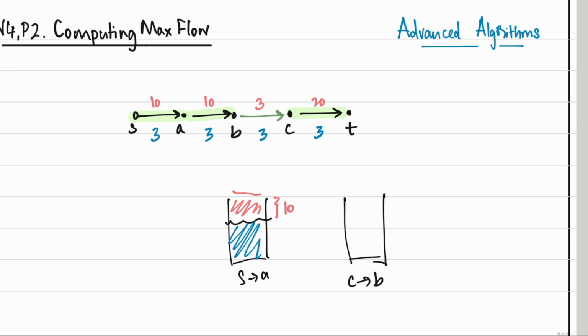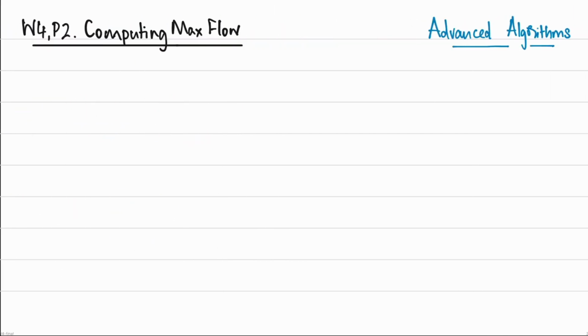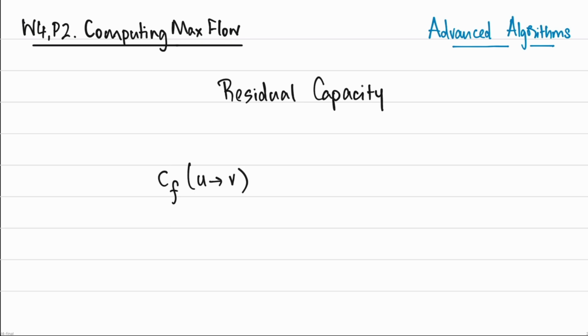Let me actually formally define the capacities on the residual graph and also how we do the flow augmentation. So here is the residual capacity. Remember that the residual capacity is always defined in the context of a flow.